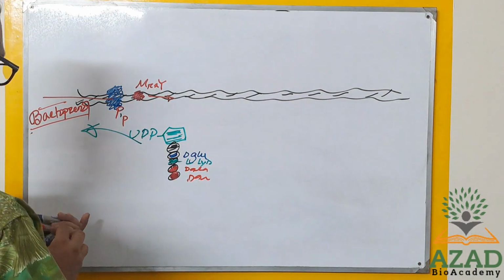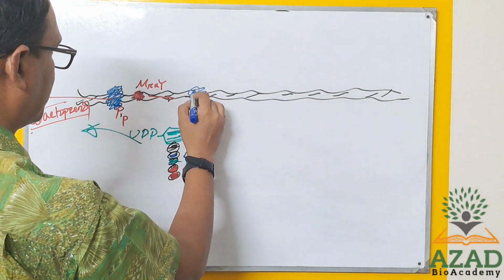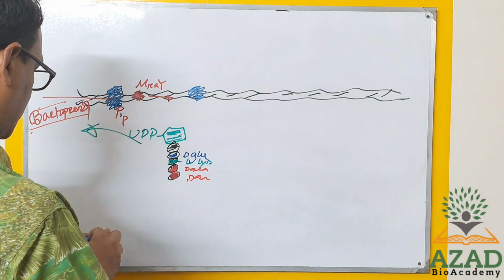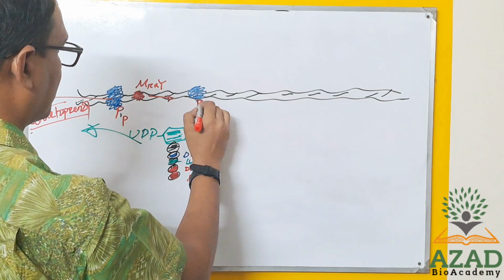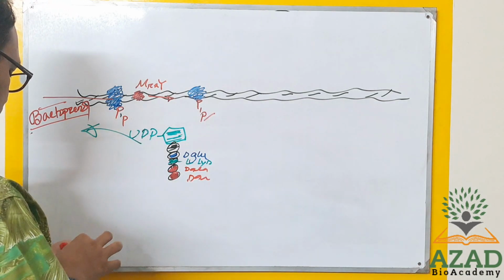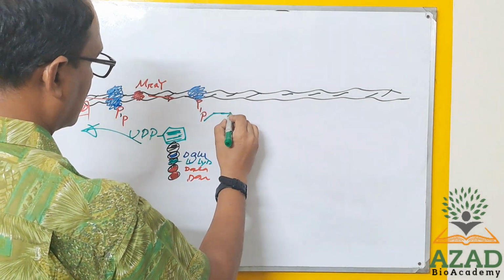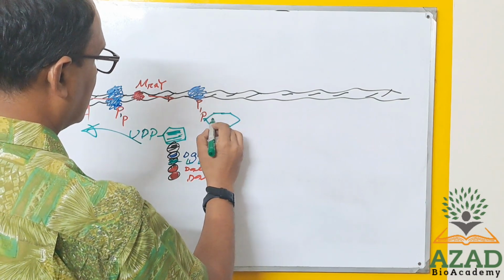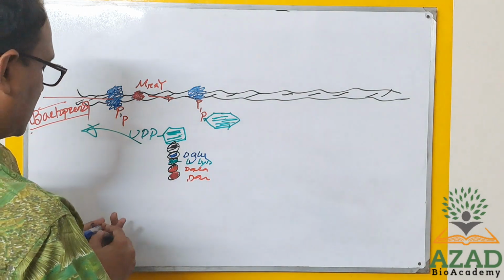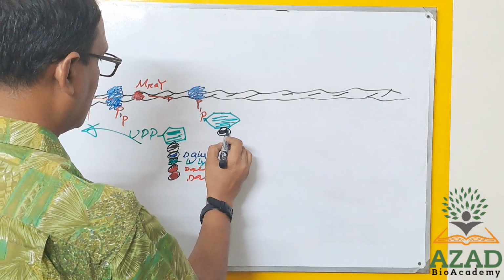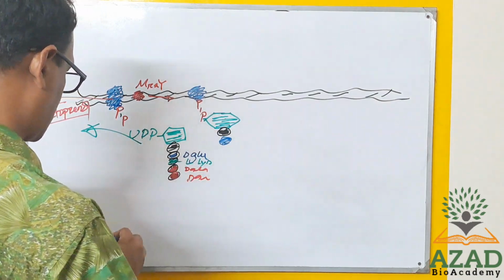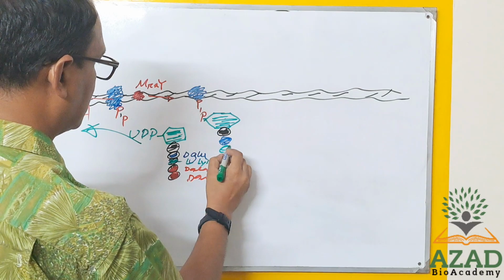So this is the bactoprenol, and this is the diphosphate, and that is the sugar unit, the N-acetyl muramic acid, and that is the pentapeptide.